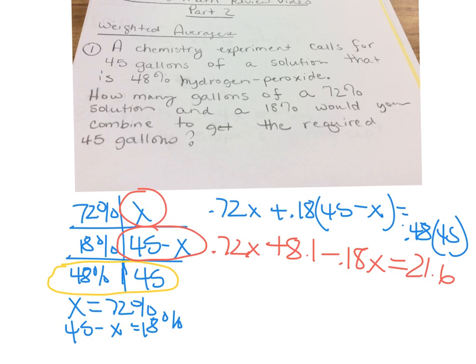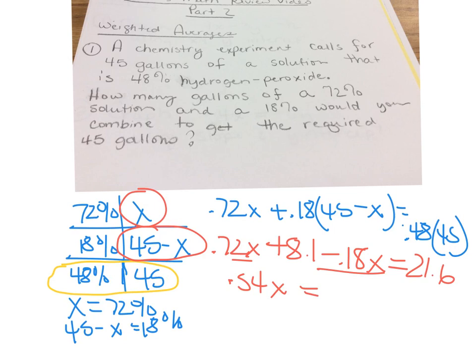Next thing I did was I wrote my equation, 0.72x plus 0.18 times 45 minus x equals 0.48 times 45. So I did the distributive property and multiplied on the right-hand side. So now I have 0.72x minus 0.18x, which is 0.54x. I'm going to subtract 8.1 from both sides.